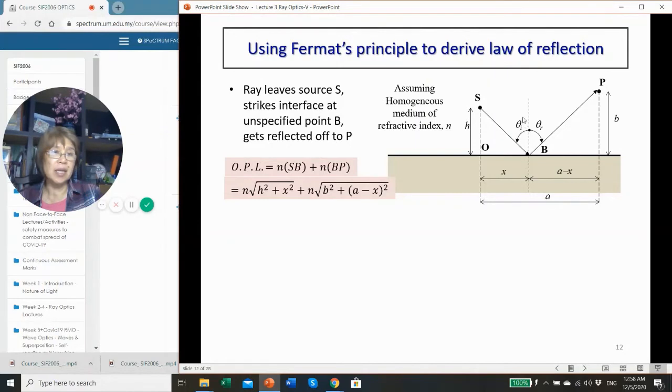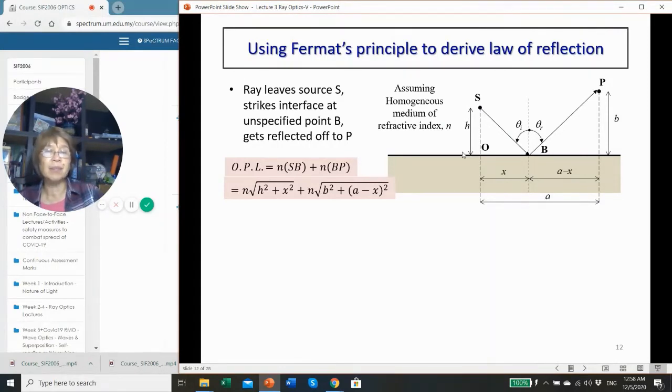Now let's say the point where it reflects is at a distance X from this vertical line that comes from S. If the total horizontal distance between S and P is A, then this will be A minus X.